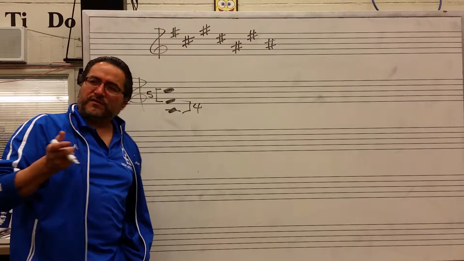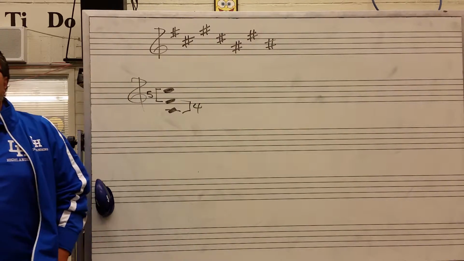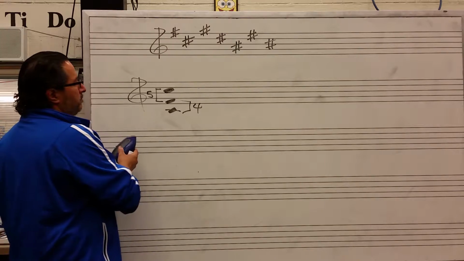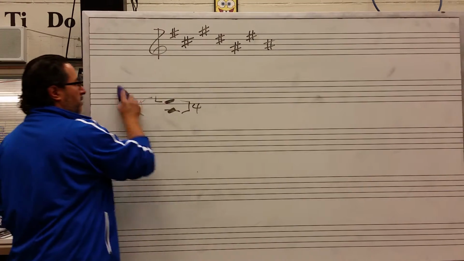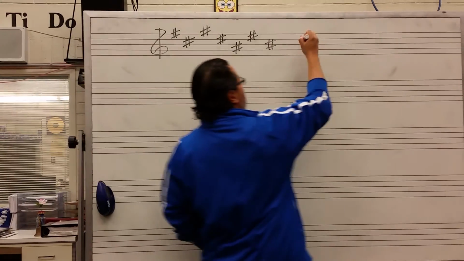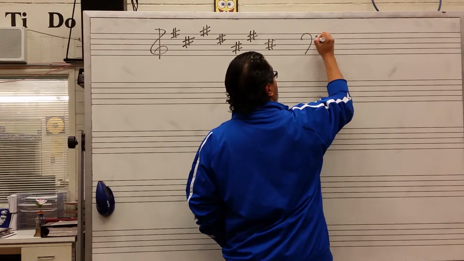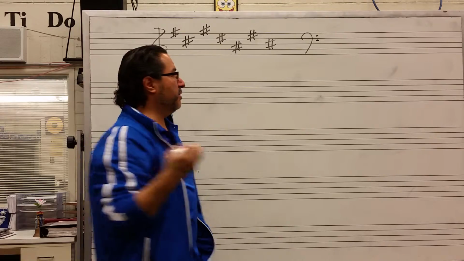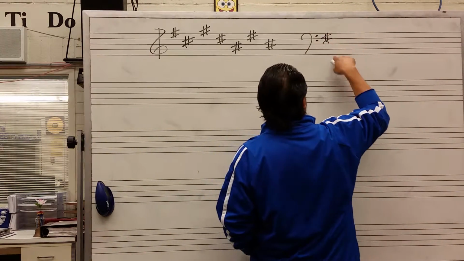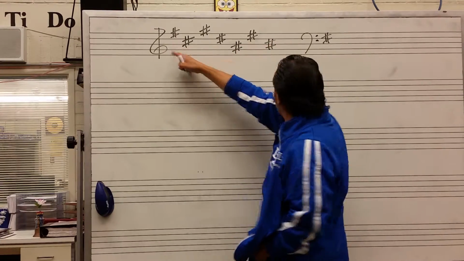So all of these orders of sharps and flats are 4 and 5 notes apart, depending on which note you start on. The order, now I'm going to draw that in bass clef in case you would rather learn it from bass clef. Here it is, starts on F sharp, which is now the 4th line from the bottom instead of the top.